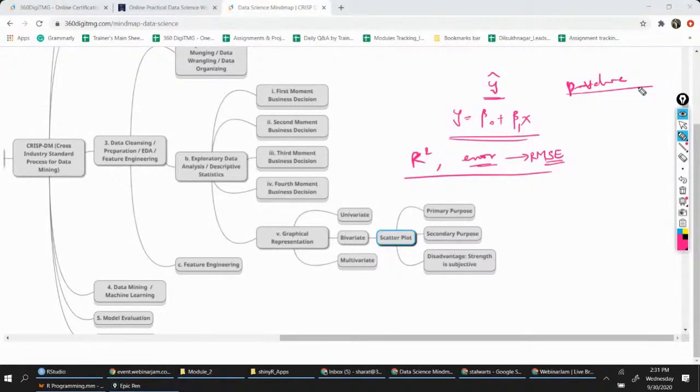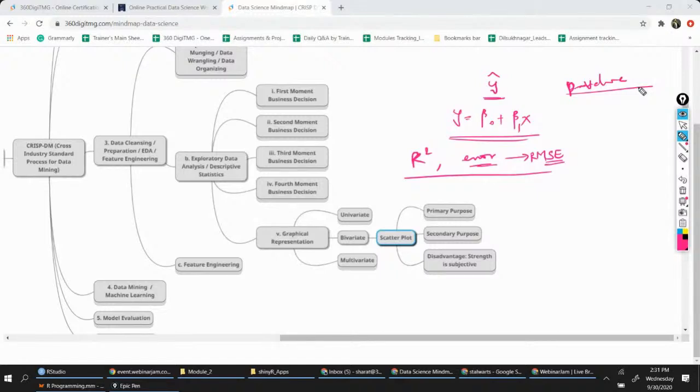That means your management is going to allow you up to a 5% mistake. But if you go beyond 5%, then it will not be accepted. Simple. You cannot use that particular solution.